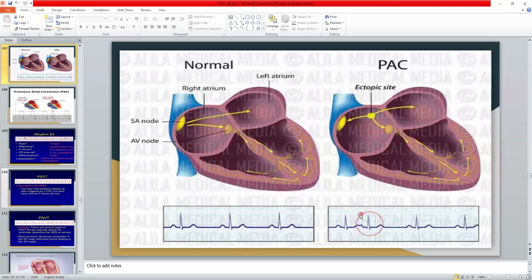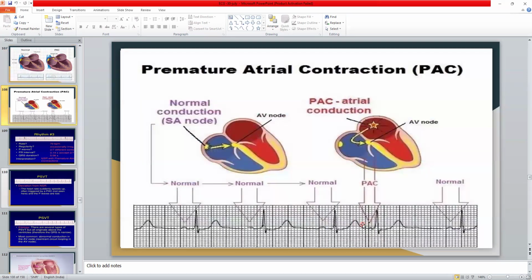This produces a premature contraction of the atria. Here also you can see this is the ectopic focus producing a premature atrial contraction, identified like this on the ECG.